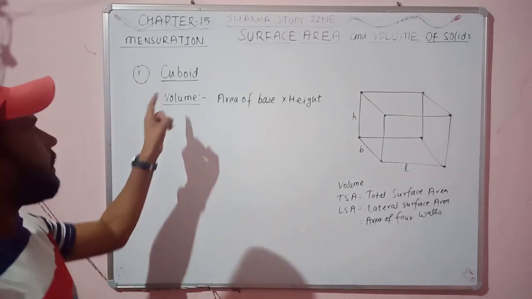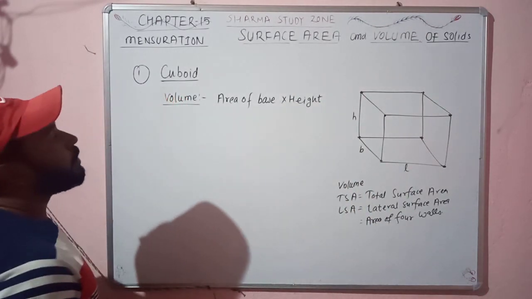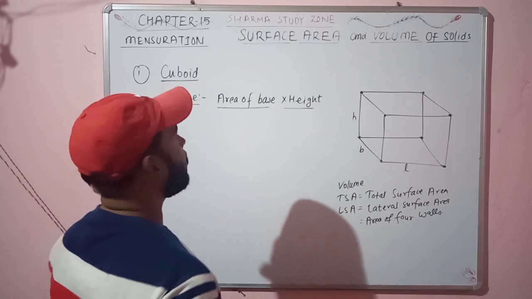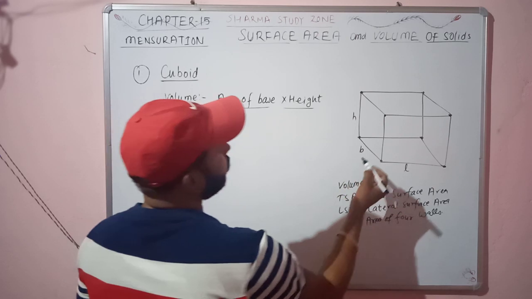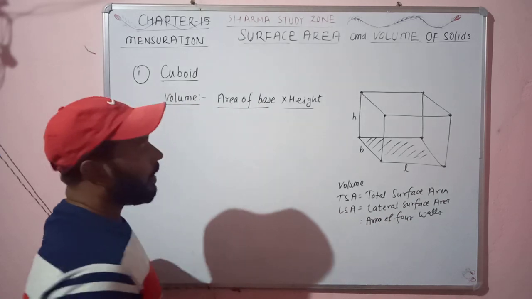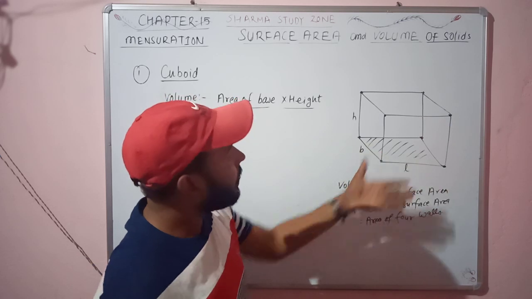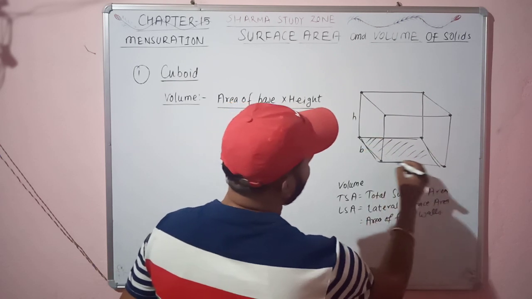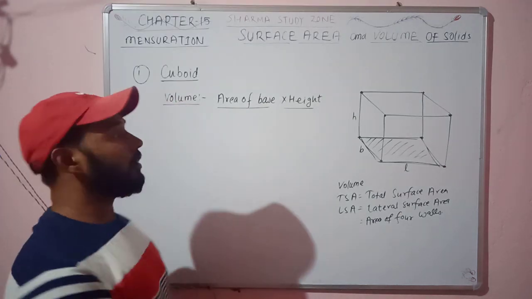In the case of a cuboid, to find the volume, firstly we need to find the area of the base. Then we multiply the area of the base by height. In this cuboid, you can see this is the base, and the base of the cuboid is rectangular. What is the formula for the area of a rectangle?